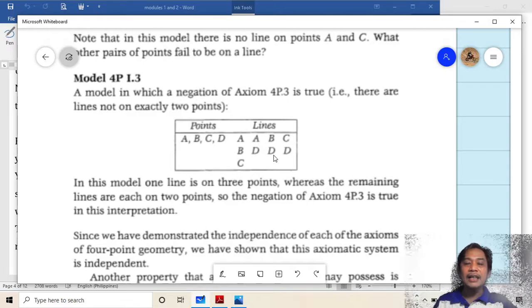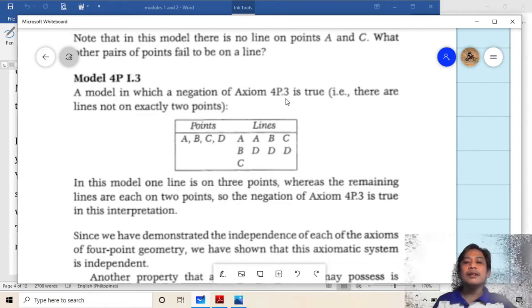But then, axiom 4P.3 has been contradicted because there is a line which contains 3 points. Axiom 4P.3 asserts that there should be exactly 2 points on a line. Meaning, in this case, both axioms 1 and 2 are satisfied, but axiom 3 is not satisfied.